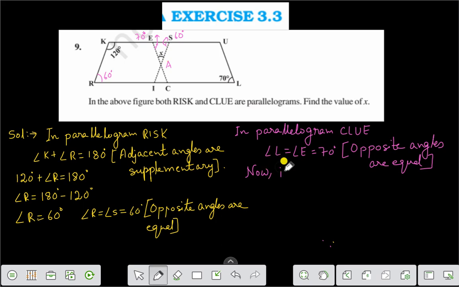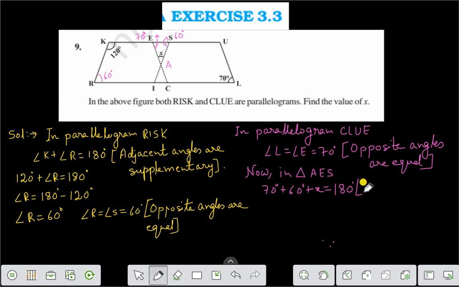Now, in triangle AES, this angle plus this angle plus this angle is equal to 180 degrees, that is, 70 degrees plus 60 degrees plus x is equal to 180 degrees.